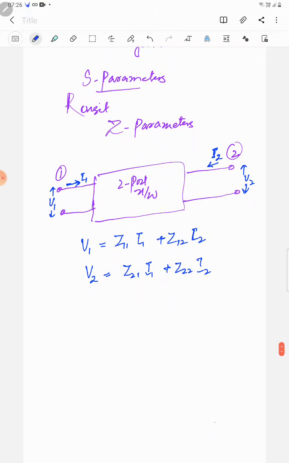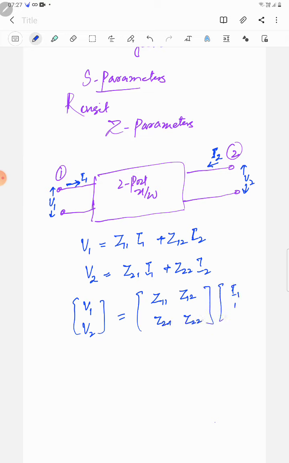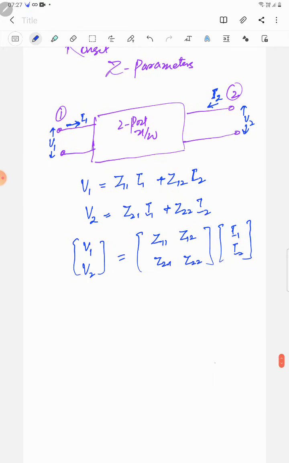Here V1 and V2 represent the total voltages at ports 1 and 2, and I1 and I2 represent the total currents at ports 1 and 2. So in matrix form we can write it as [V1 V2] equal to [Z11 Z12; Z21 Z22] times [I1 I2].